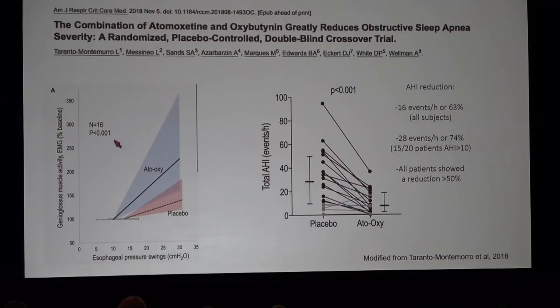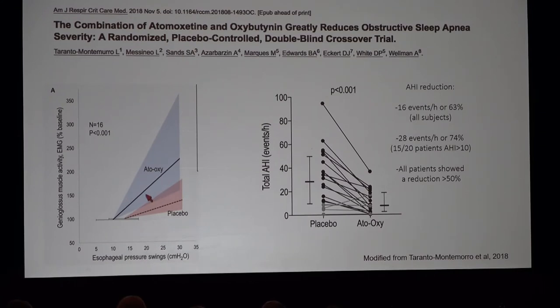This is a recent study done by Mr. Montemurro. It's a combination of atomoxetine, a norepinephrine reuptake inhibitor, and oxybutynin, that's a muscarinic antagonist. This was done in a double-blinded crossover style, one night with placebo and the other night with atomoxetine and oxybutynin.